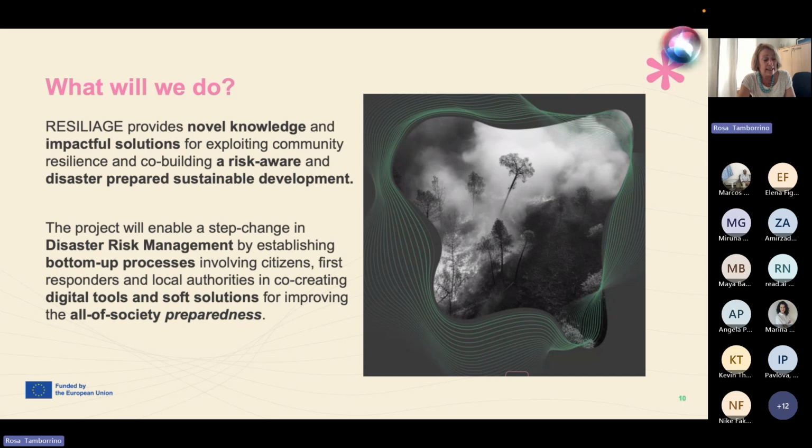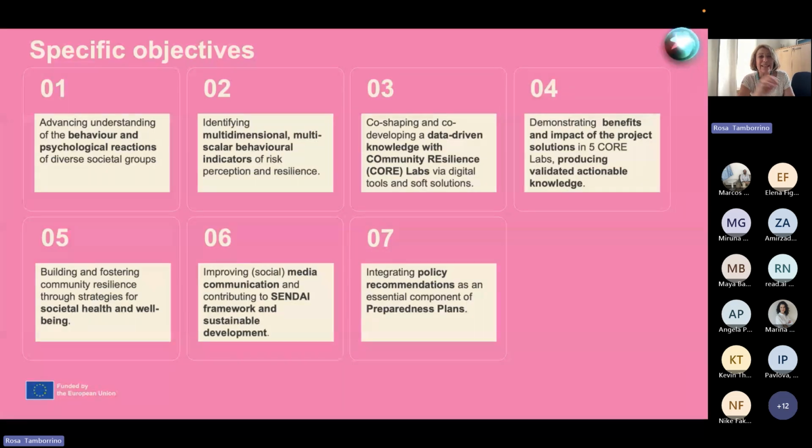So we consider that the communities in our project play a role at grassroots level, and for this reason we have shaped our objectives in order to consider how we can also improve protective behaviors among the population and create a strong connection among all the different kinds of leading actors of disaster risk management.